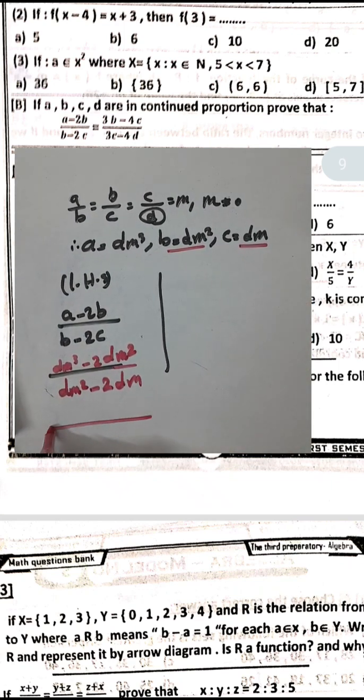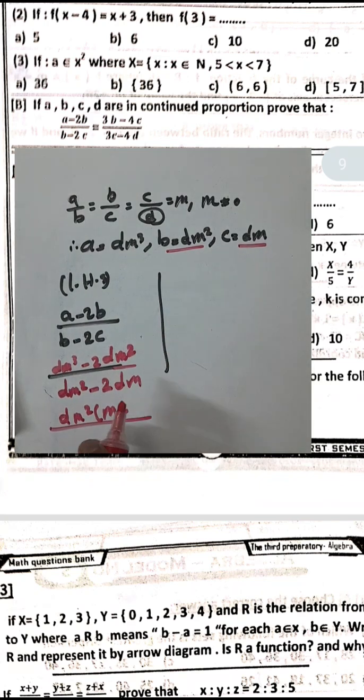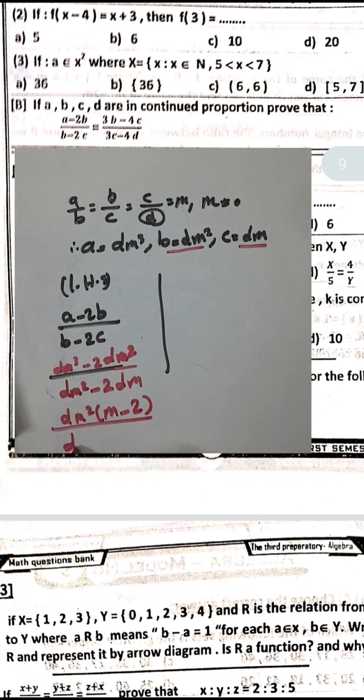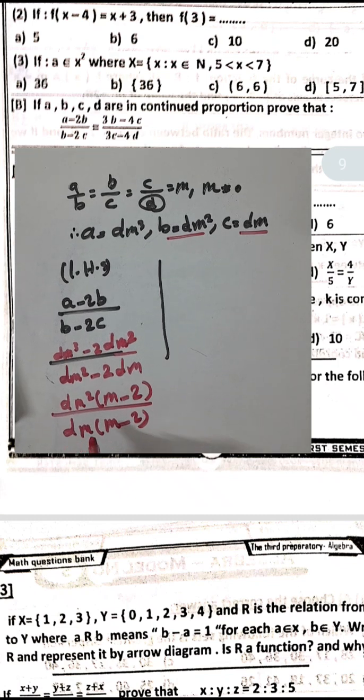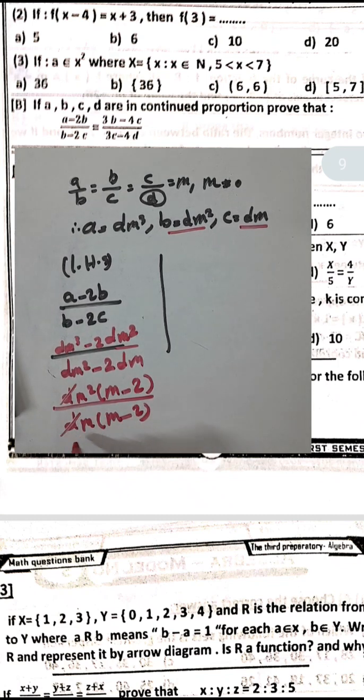Then write the highest common factor outside, d and m power 2. The remainder here will be m, and the remainder from the second term here, write 2, and d out and m power 2 out. Okay, and here write d and m, and the difference here will be m subtract 2. Then we can cancel d by d and m power 2 by m, and this bracket by this bracket, the result will be m.